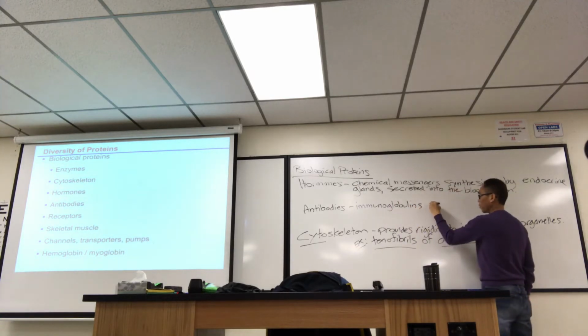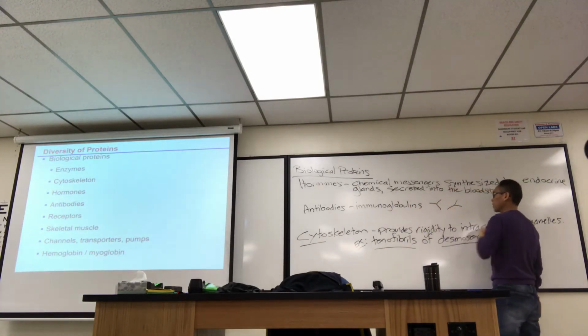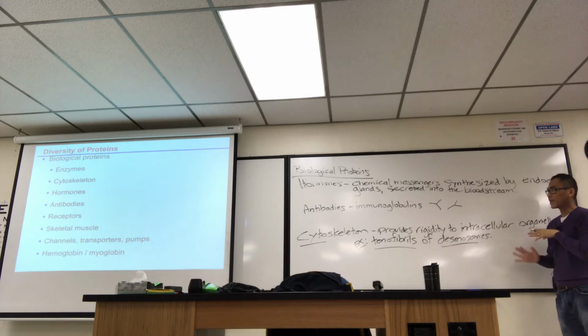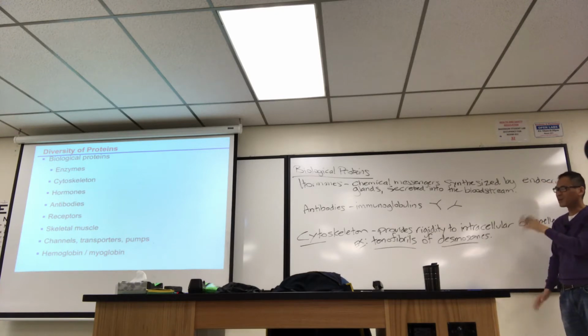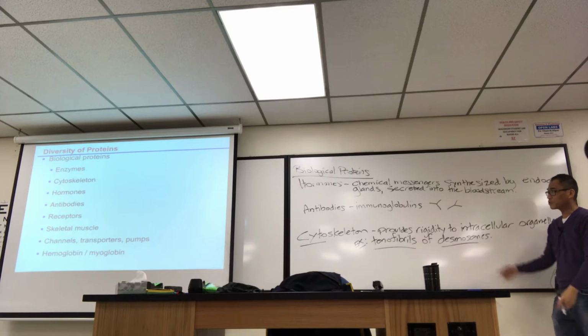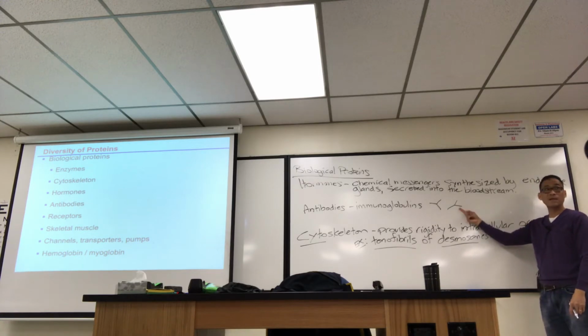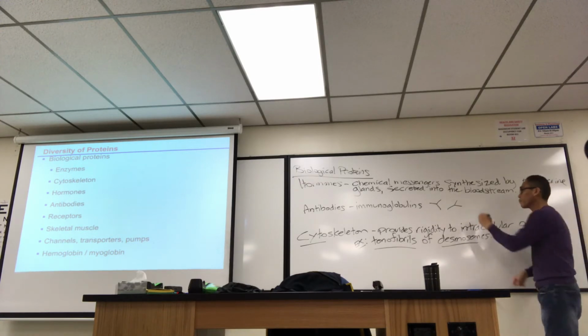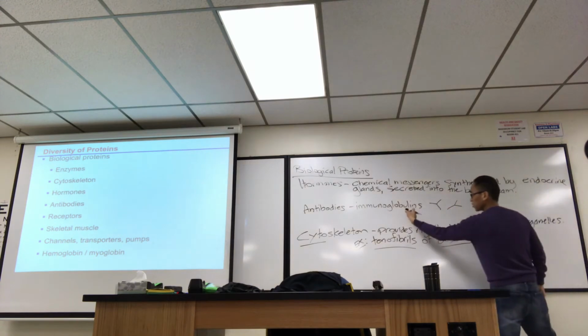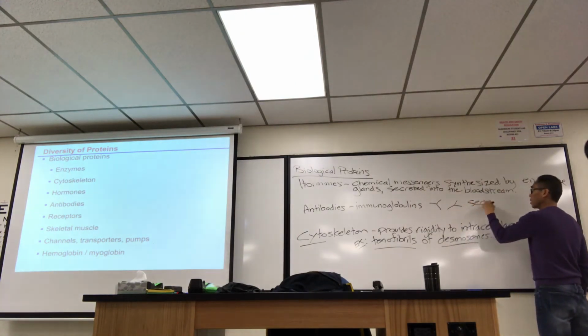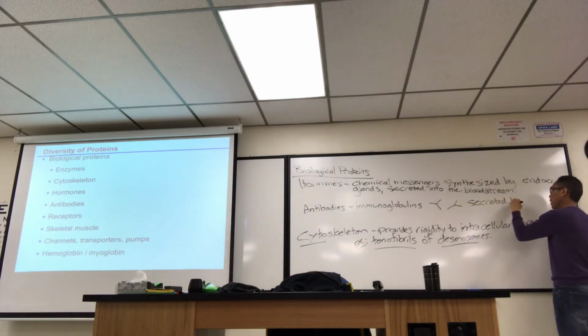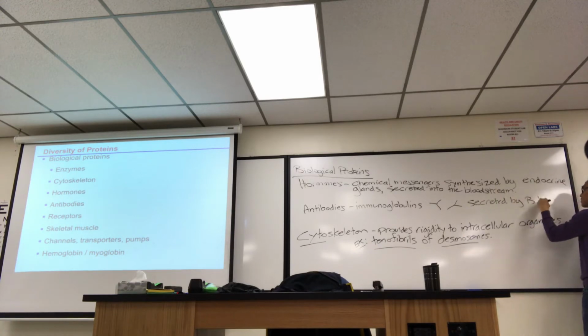Usually we illustrate them on the grease board as this Y shape, because they have specific and non-specific regions. You don't have to know that now, but basically understand these will fight foreign invaders for you. They're also secreted in the bloodstream. They're just proteins, secreted by the B cells. These are antibodies, or immunoglobulins, secreted by the B cells.